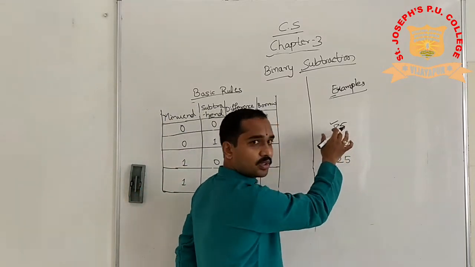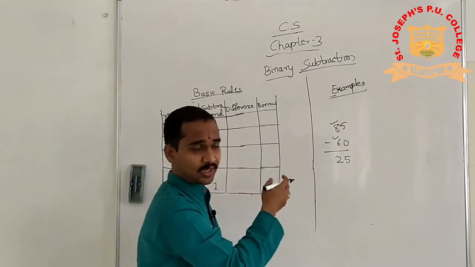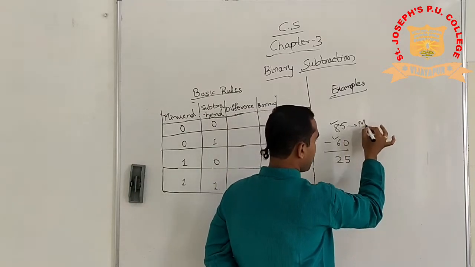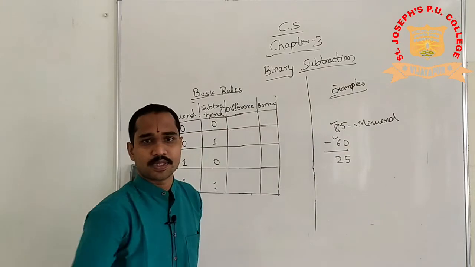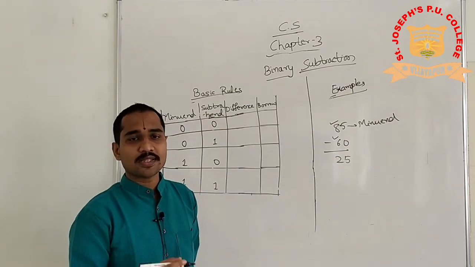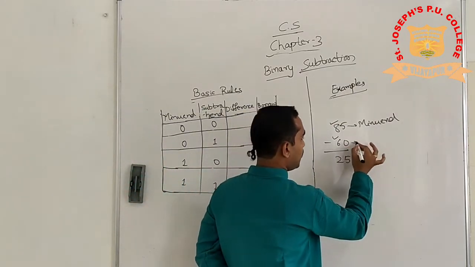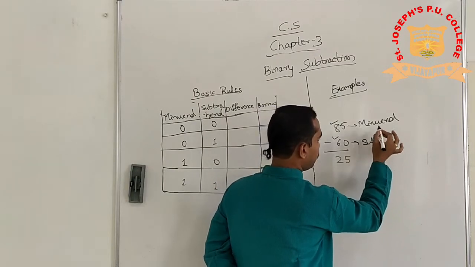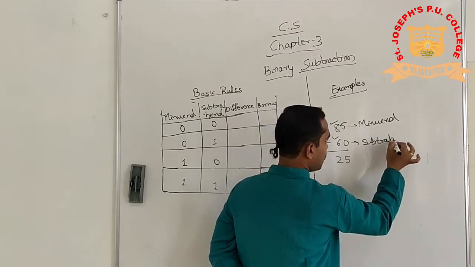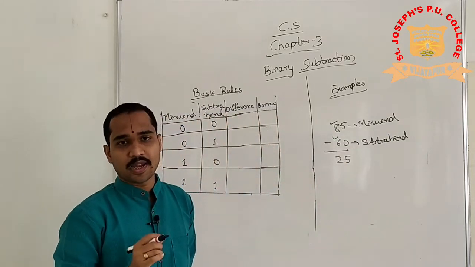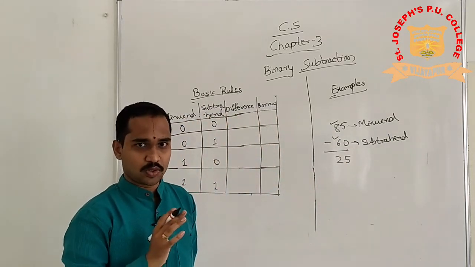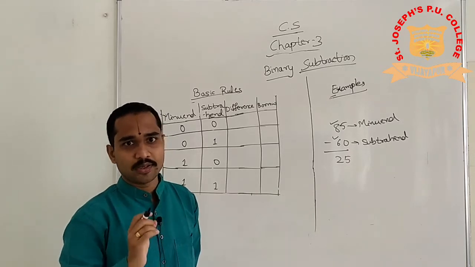The number from which you are subtracting is known as minuend. Please remember these terms. The second number which you are subtracting from the minuend is known as subtrahend. Please remember these two terms, minuend and subtrahend.